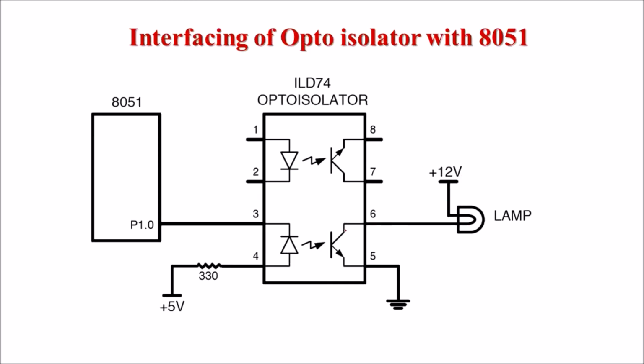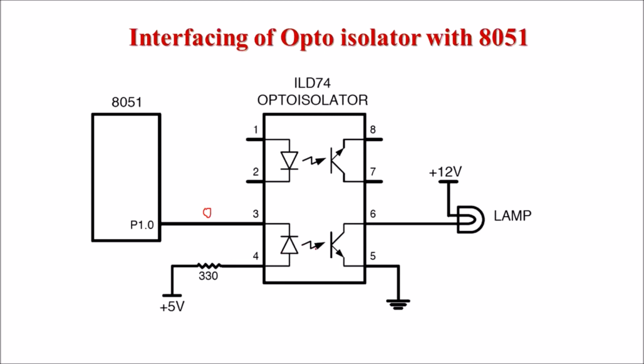Whenever this opto isolator starts working, that means current flows through the phototransistor, the circuit completes and the lamp turns on. When we provide logic 0 on P1.0, this LED will glow because its anode terminal is connected to the plus 5 volt supply.